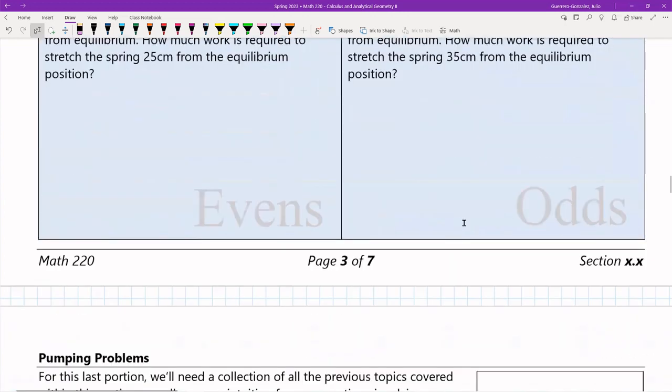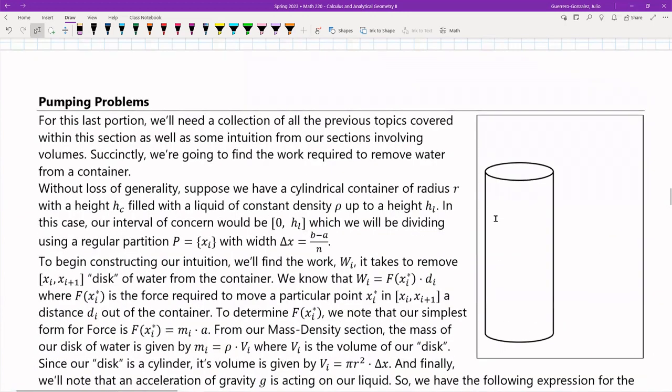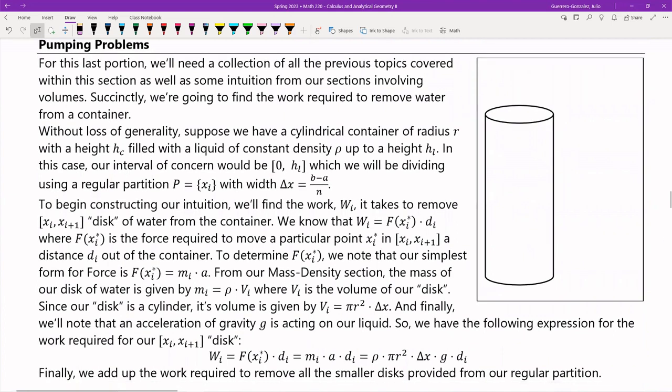Moving on, because I do want to provide a fair amount of direction for these. These are pumping problems, okay? This last portion of this section is really going to require all the stuff that we just picked up from this particular section. Now, I'm going to explain it a specific way.